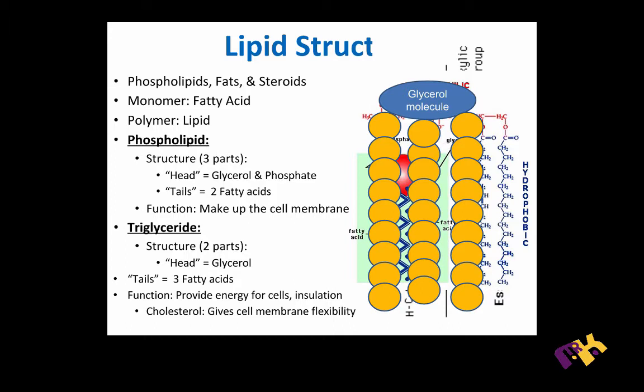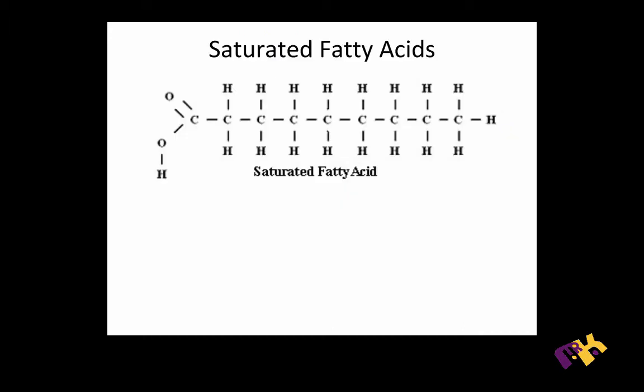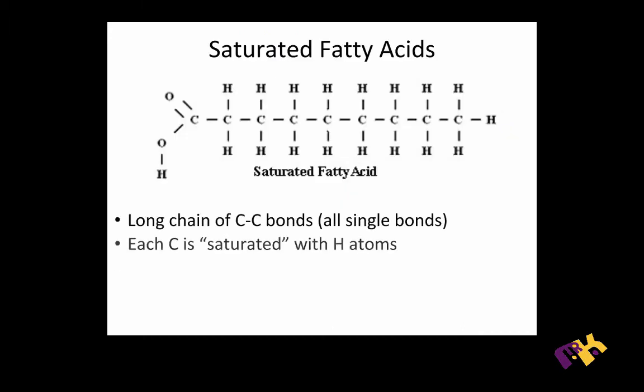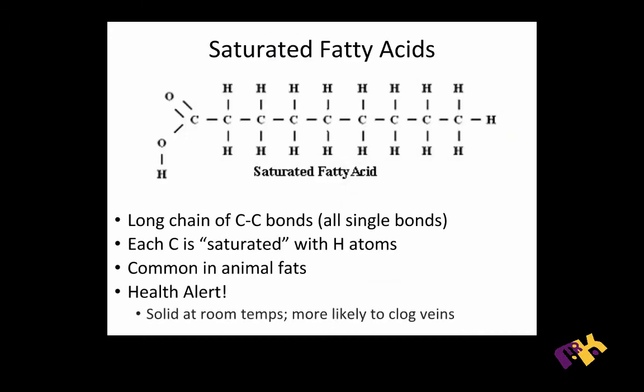Right? Usually animal fats are going to be saturated fats, whereas plant triglycerides are going to be unsaturated. All right, so the difference then, a saturated fat is going to be where every single position is single bonded, and you have hydrogens at every open space around the carbons.